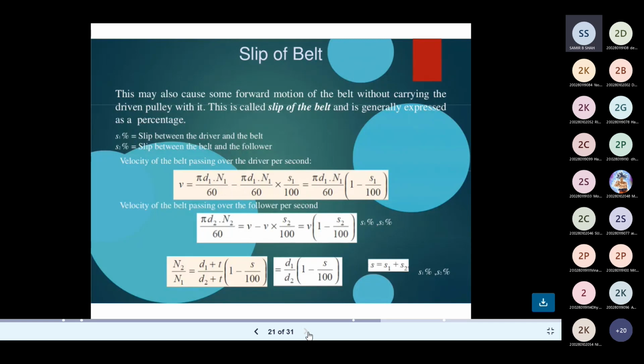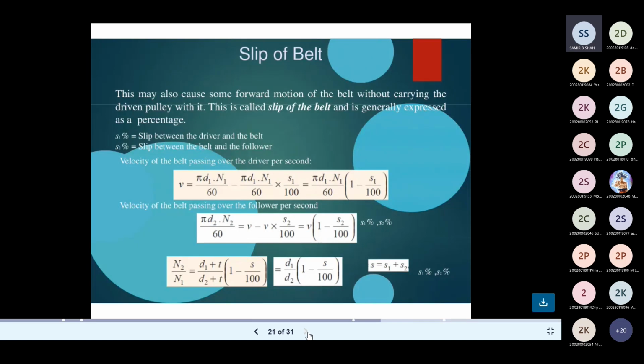On that time the belt may not carry along; only the pulley runs while the belt is not carried. This phenomenon is known as slip of the belt. Mostly we consider the slip of the belt in percentage.